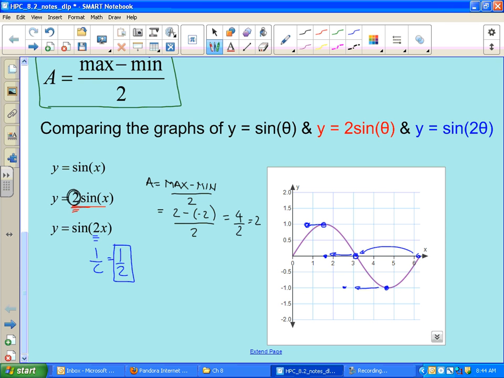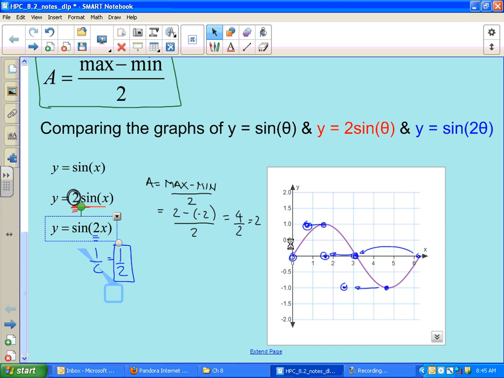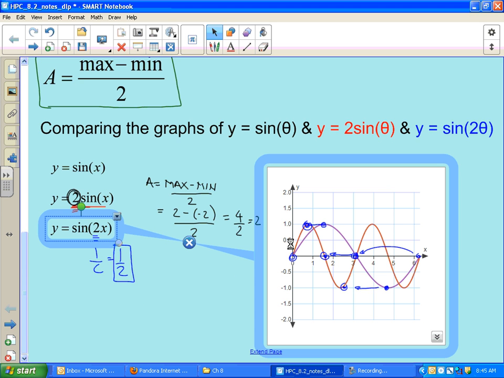So now I should see a curve that develops between these points. And then it would repeat itself if we look at the cycle over a 2 pi or 360 degree period. So let's see what happens. There it is.